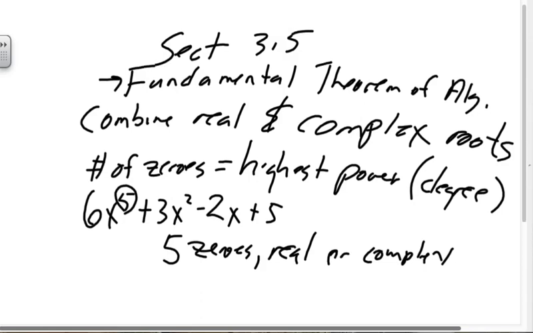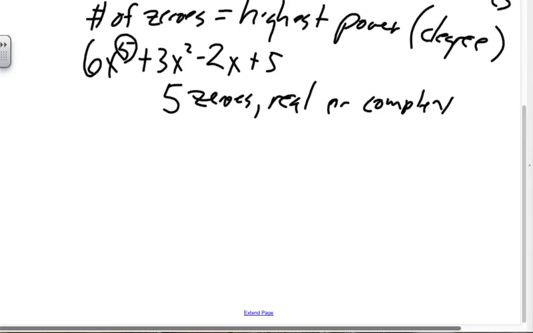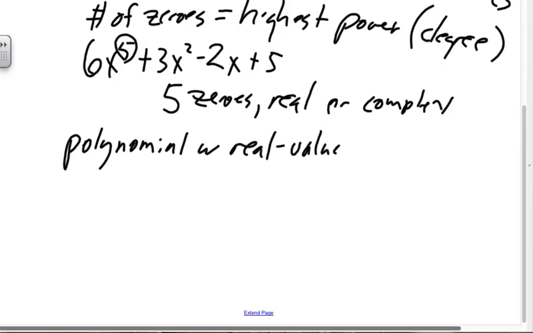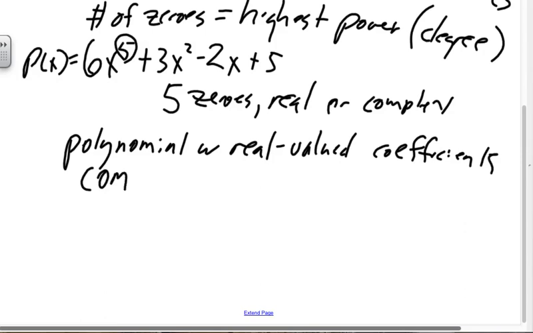Now, one thing to keep in mind, when you have something like this, where I have a polynomial with real valued coefficients, and all of my coefficients are real valued on this polynomial, what that means is that my complex roots occur as conjugate pairs.